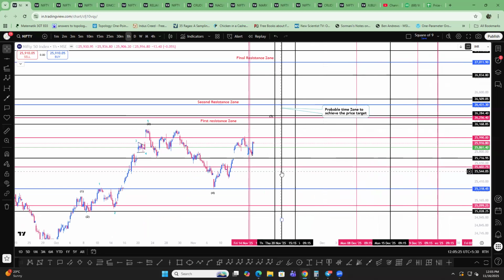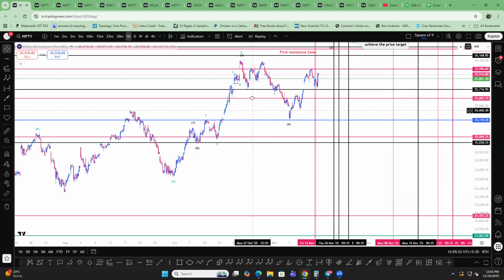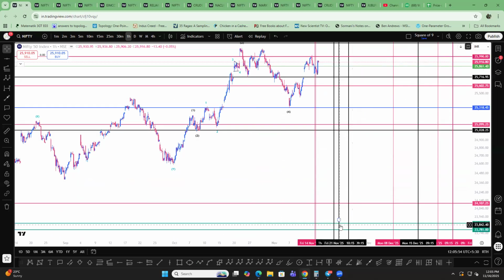This is a very important time horizon, and the final very important date is 26th of November. Plus minus 1 day you can take, so I am expecting this probable time zone to achieve this price target. If price rejects from these areas in this time zone, then there may be a very, very big fall in the market, which may drag the index to this level.